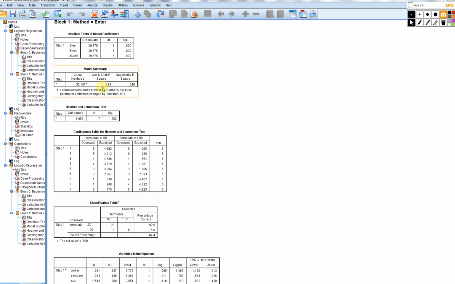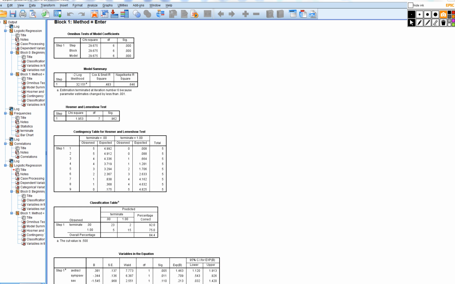When we look at the pseudo R-square values, you can see that the R-squares are ranging between 0.48 and 0.646. So we might say that we're accounting for about 48 to roughly 65% of the variance in the dependent variable. But again, these are pseudo R-squares, and they're being used as an analogy to least squares R-square.